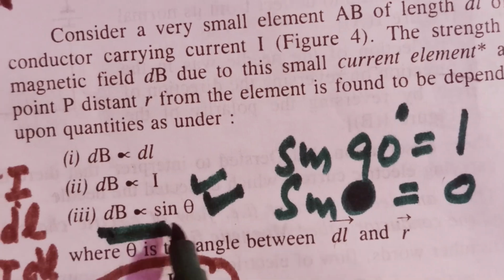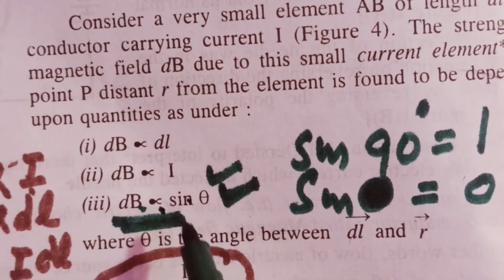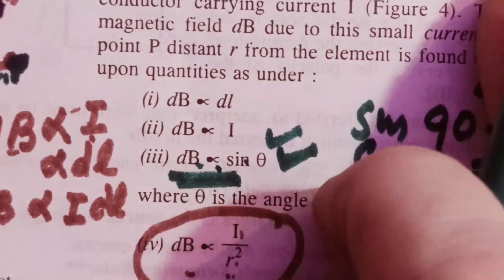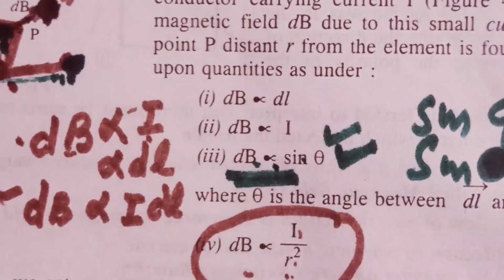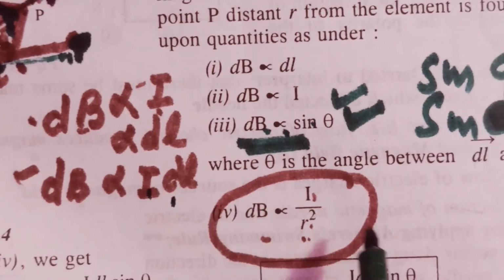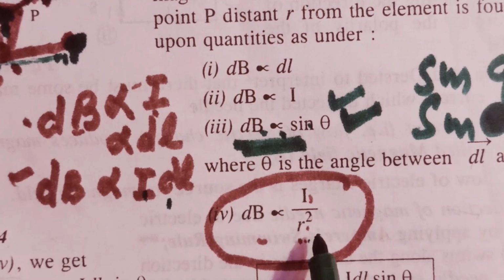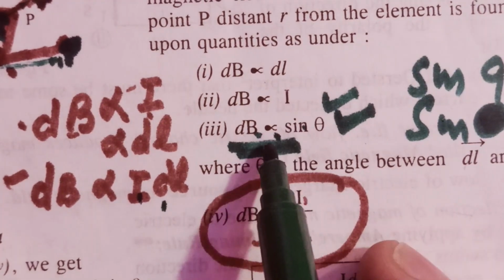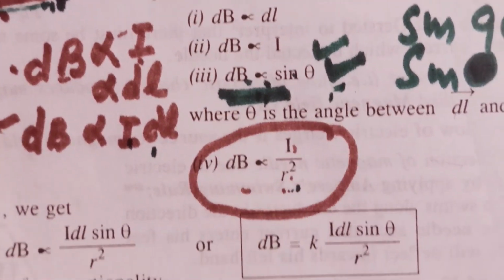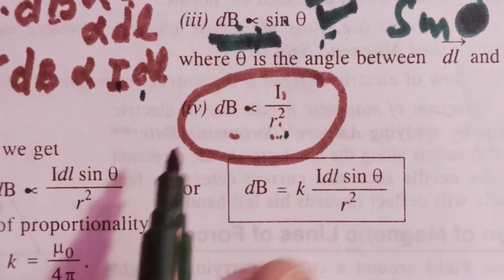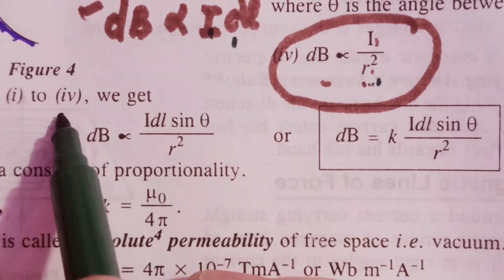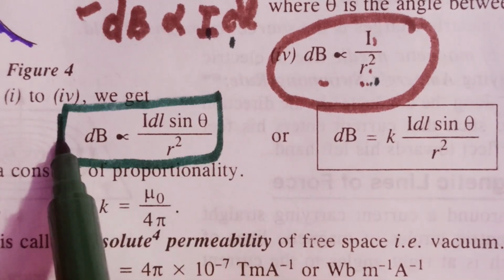So dB is also proportional to sine theta. Now combining all that, dB is proportional to IDL, inversely proportional to R square, directly proportional to sine theta. So it becomes dB proportional to IDL sine theta upon R square.